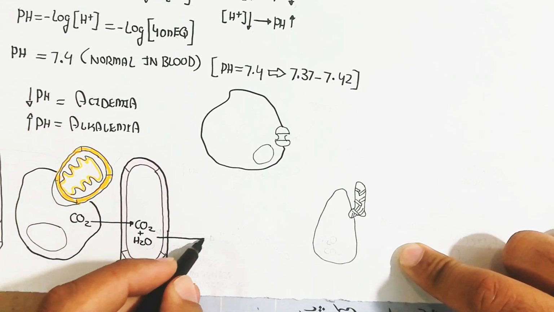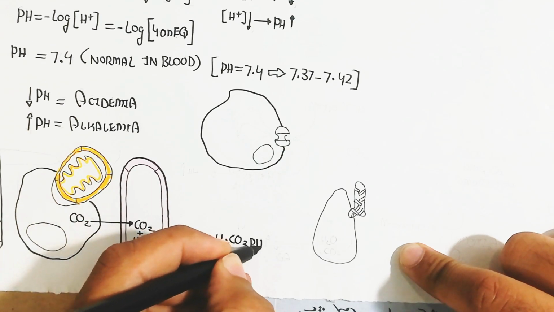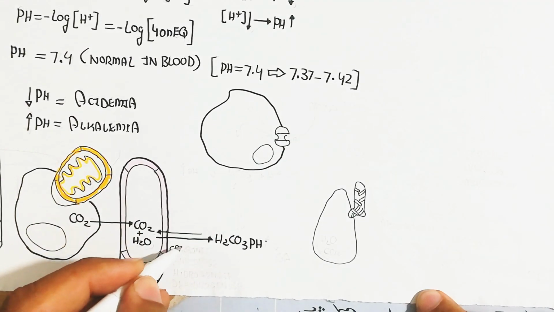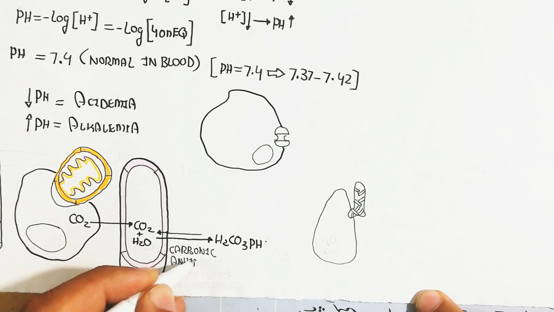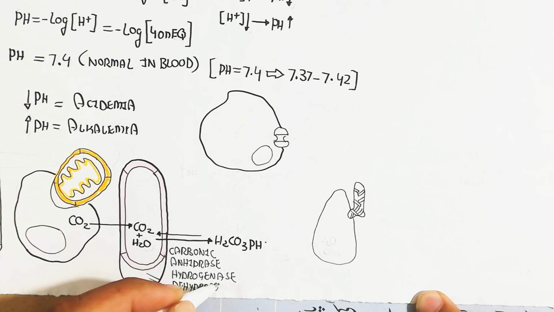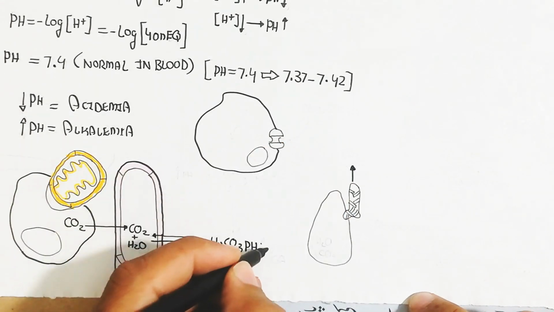In the cell, aerobic respiration produces carbon dioxide, which goes into the blood circulatory system and combines with water to form carbonic acid. The carbonic anhydrase enzyme is involved, and the pH will drop.